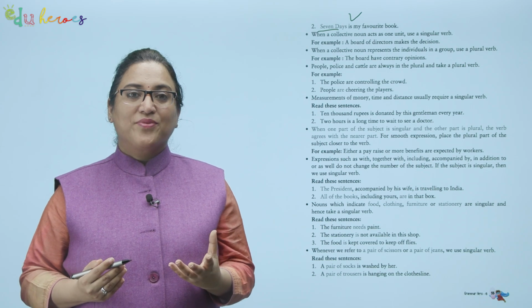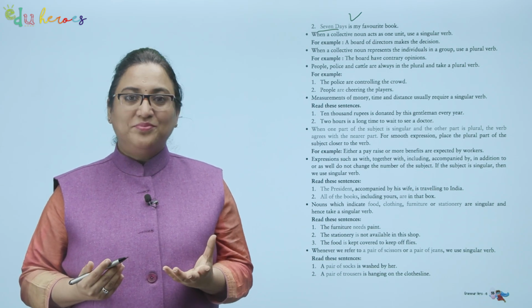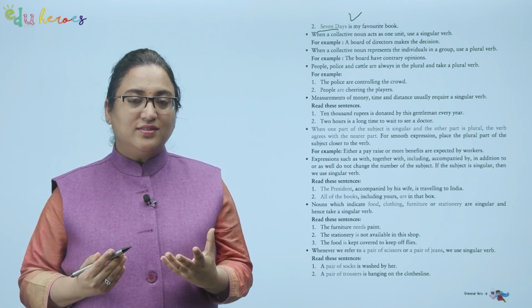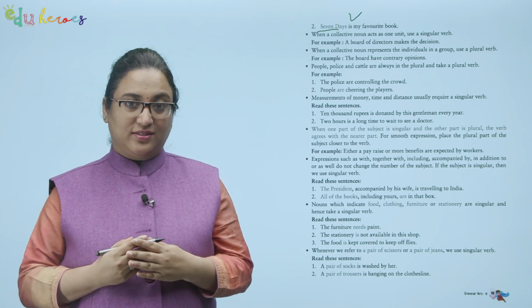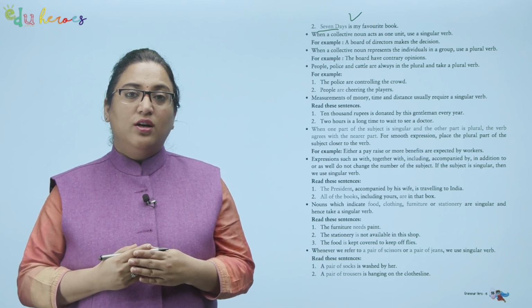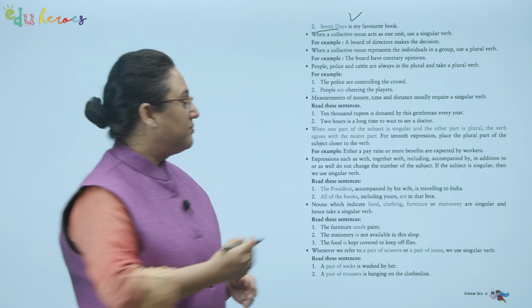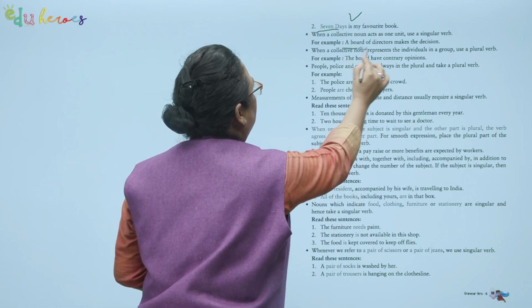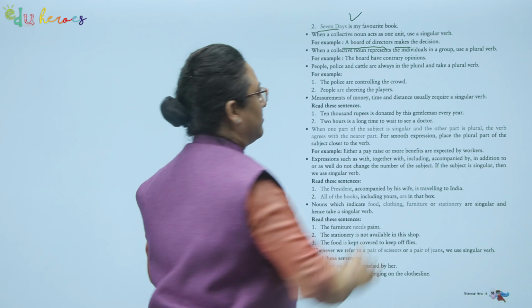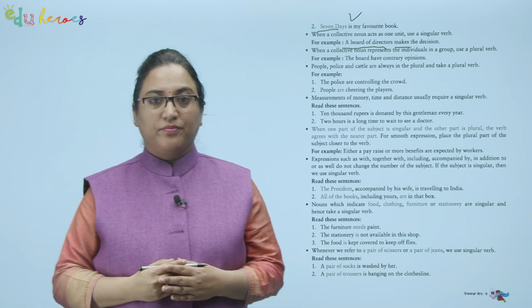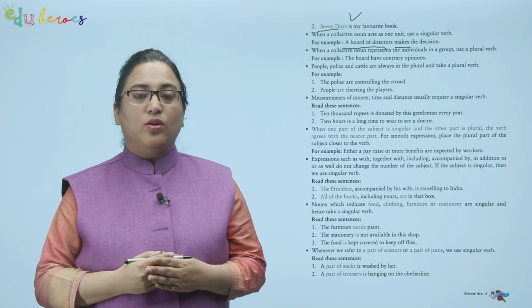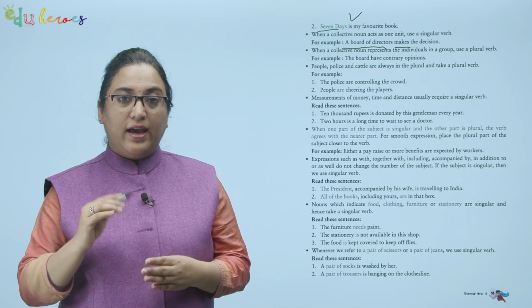Now here, what is the collective noun? A group of directors? Yes, a board of directors. So therefore, the verb agreeing with it is makes. We will consider this singular. So singular verb. In singular verb, you will always have s added.